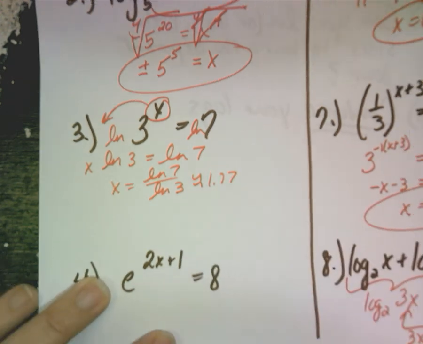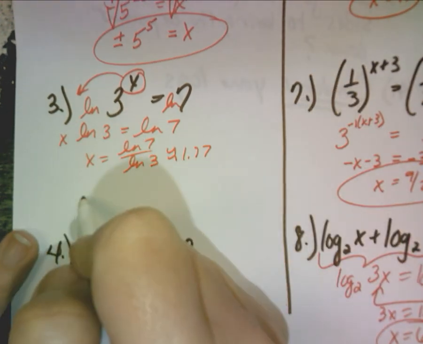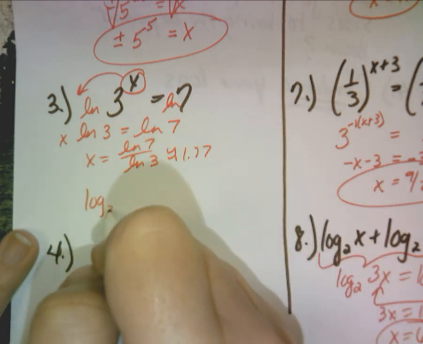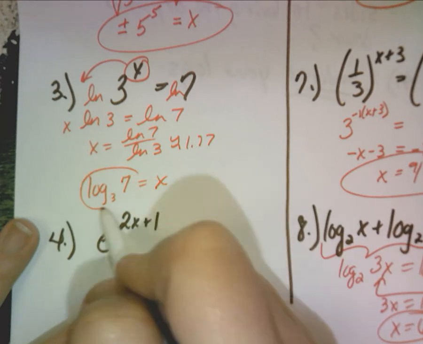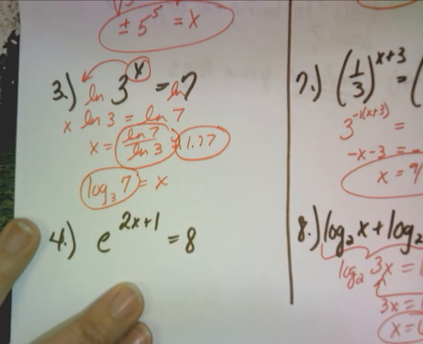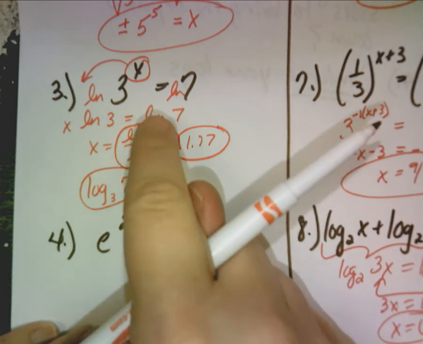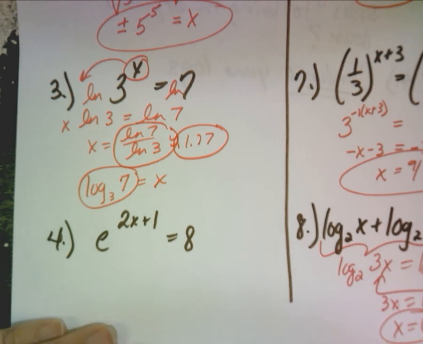If you decided to write it in logarithmic form, you'd go log base 3 of 7 equals x. Well, guess what? That is the same as that. They're all the same. So it doesn't really matter however you chose to do 3. But again, whenever they're different bases like that, I just log both sides. That's just what I choose to do.